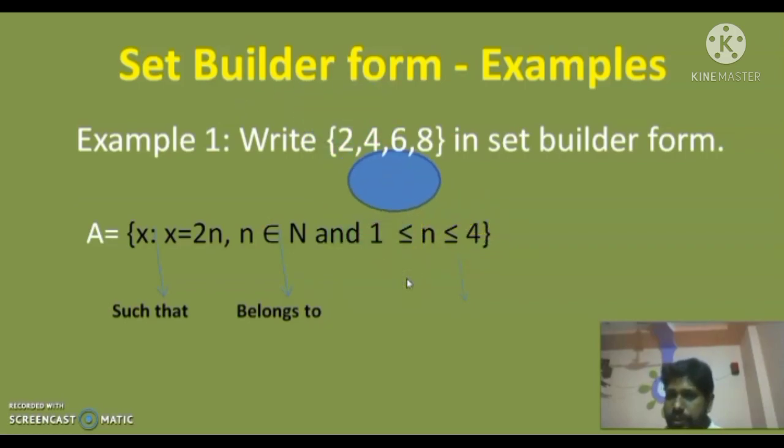What is that condition? 1 less than or equal to n less than or equal to 4. So this is the way to represent set builder form.